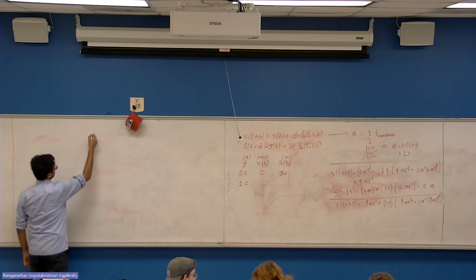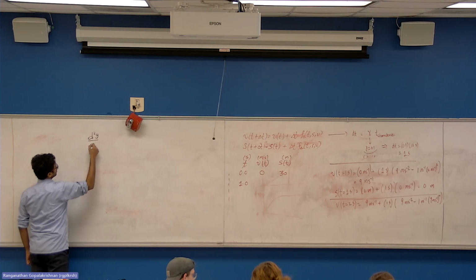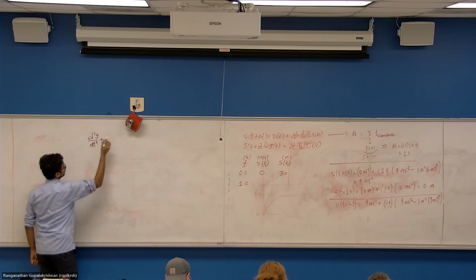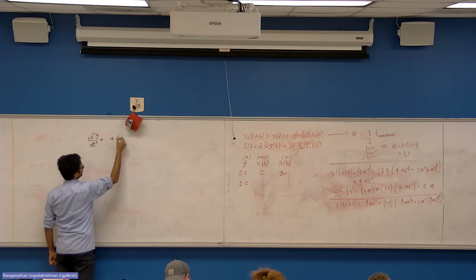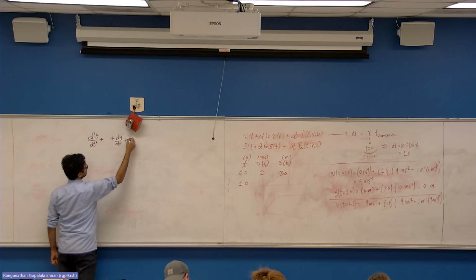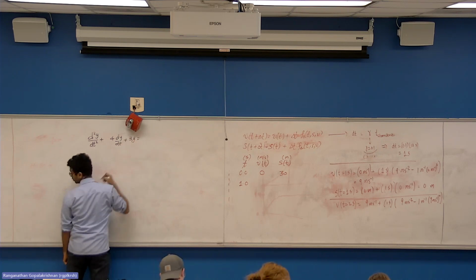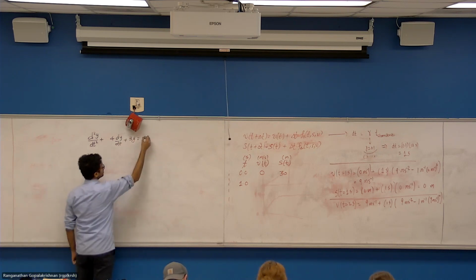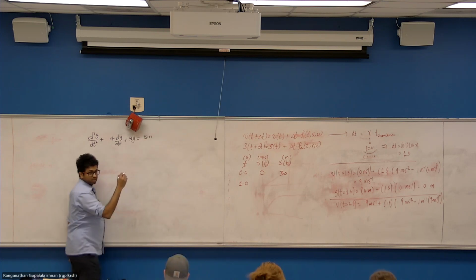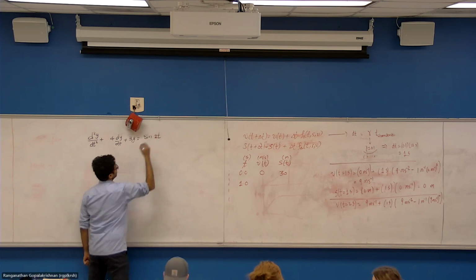So we have d squared y over dt squared plus 4 dy dt plus 3y equal to sine 2t.